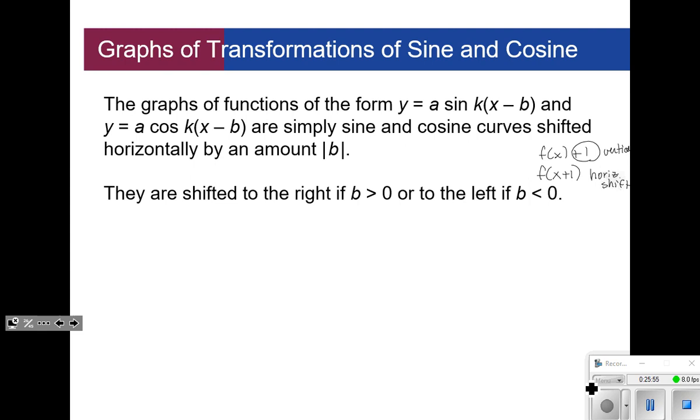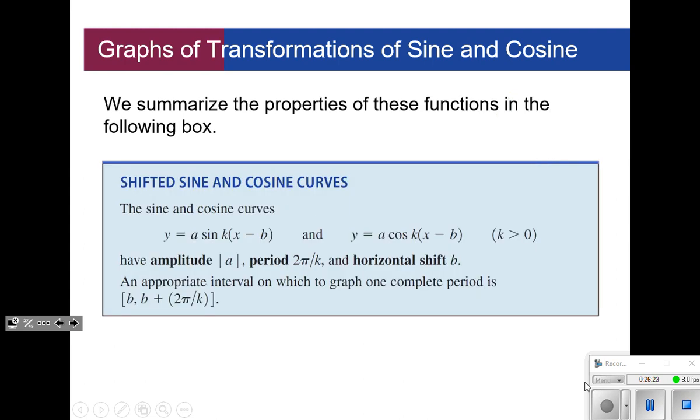Now I want to point out, we know these already, but if the formula has the minus in it, then if b is greater than 0, we shift right. If b is less than 0, we shift left. Again, that's with the minus in the formula. I'm just going to let them do the next one.